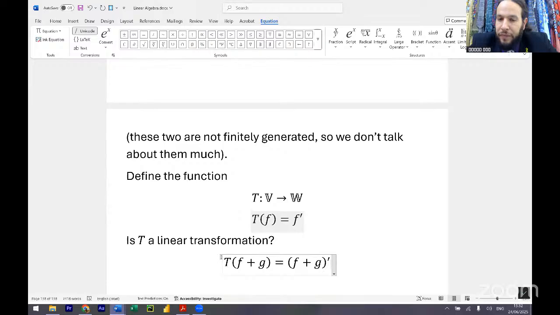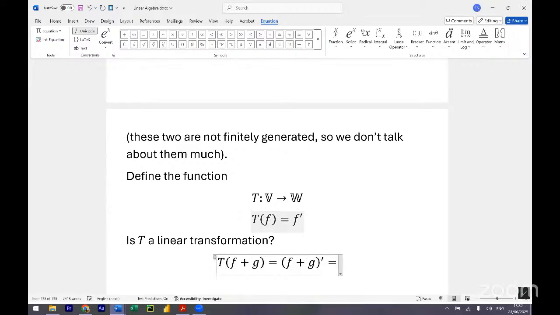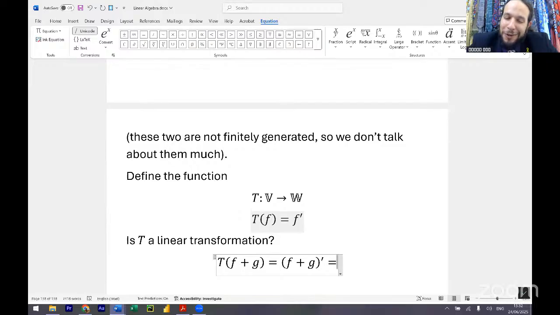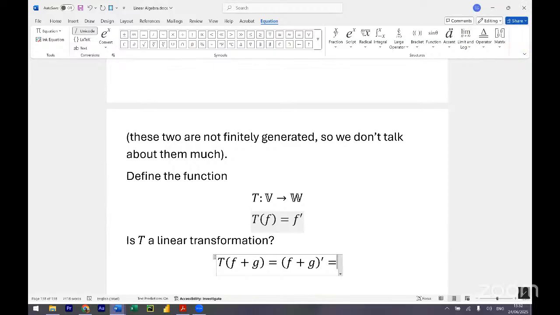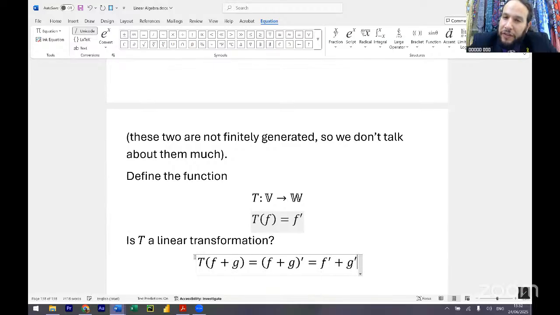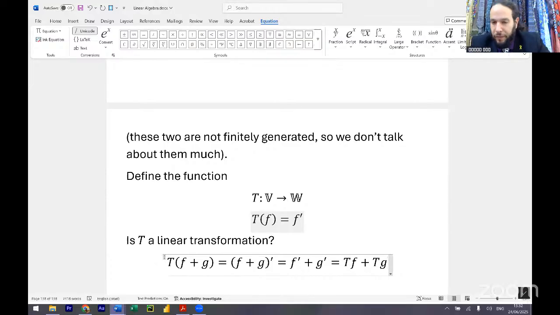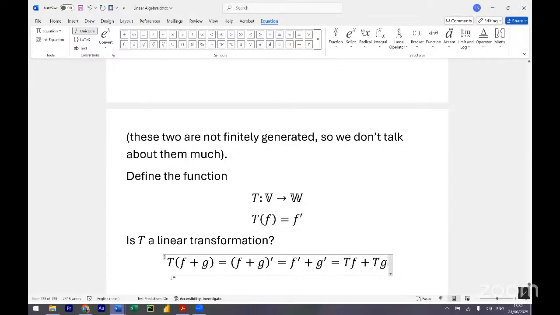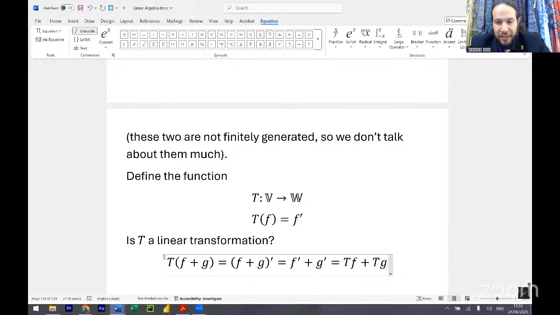Do you agree? Yeah. From calculus, even high school calculus, what is the derivative of f plus g? The sum of the derivatives. Yeah, it's the derivative of g plus the derivative of f, which is T of f plus T of g. Agreed? Yeah. So the first rule applies.